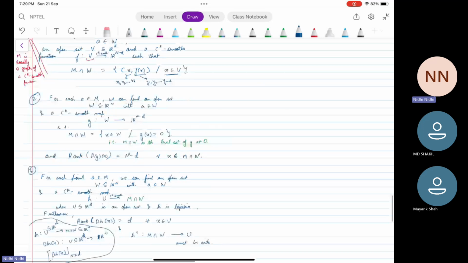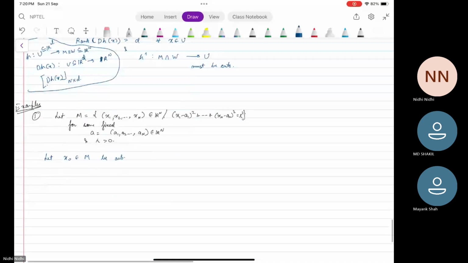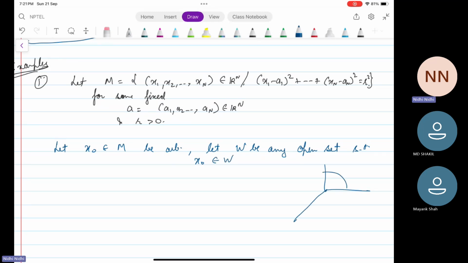By the second definition, for any point in M, we should be able to find an open set W and define a smooth function G on this open set W. Clearly, we can find an open set containing x naught. Let W be any open set such that x naught belongs to W. So basically, this is the sphere, this is some point x naught, this is our M, and this is our W.